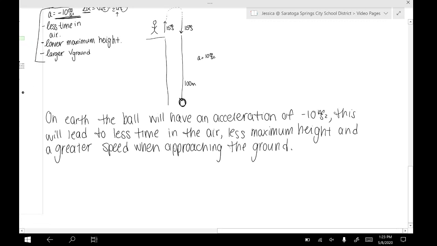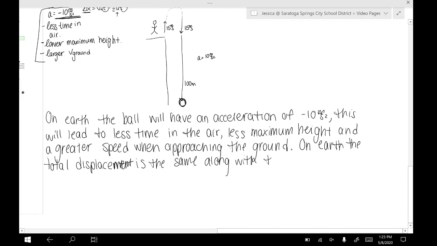On Earth, the total displacement, meaning start to finish, is the same, along with the initial upward velocity.